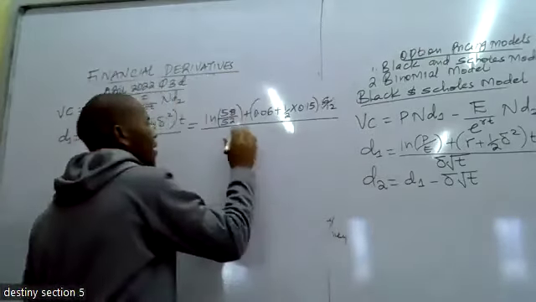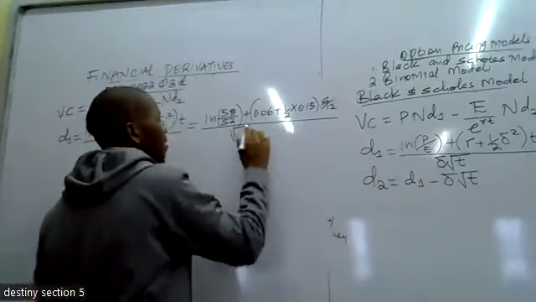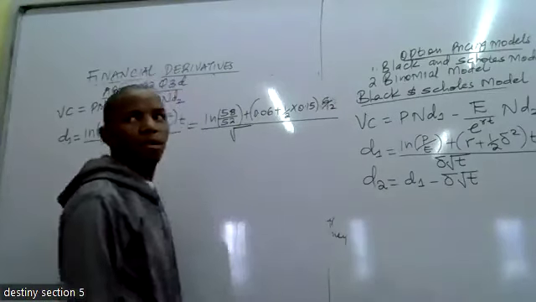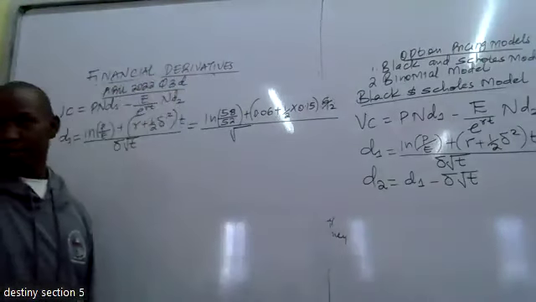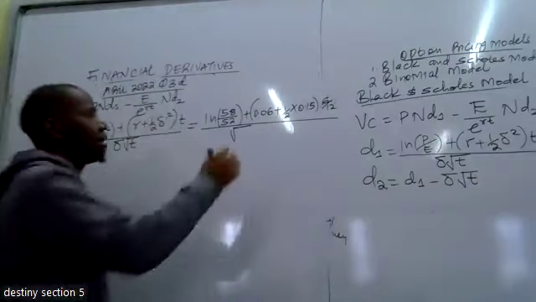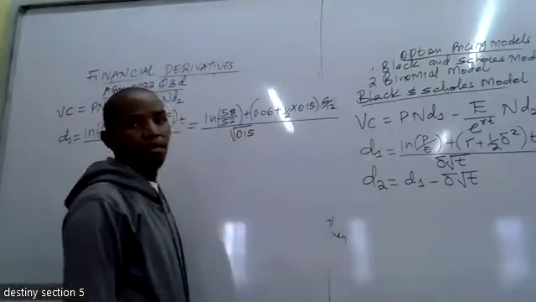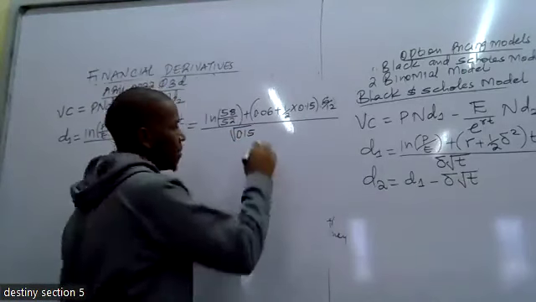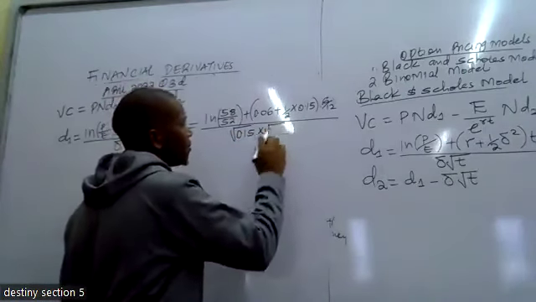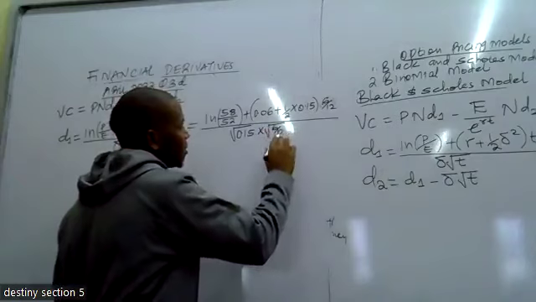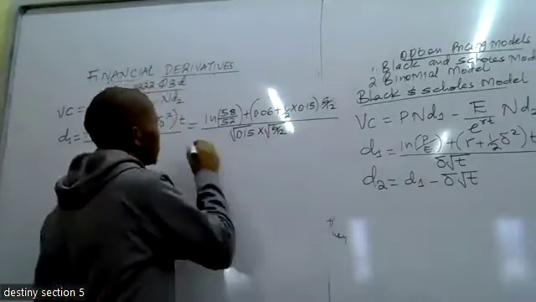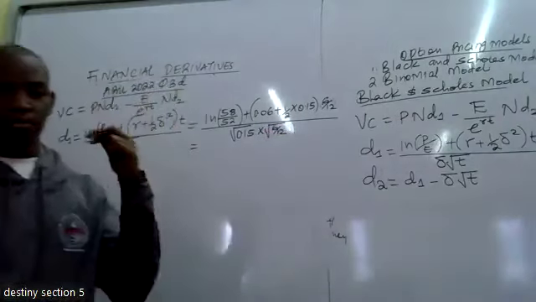Then you divide by, remember, variance is the square of the standard deviation, right? So if I take the square root of 0.15, I will get the standard deviation. Then you multiply by the square root of 6 over 12. So this one you tell me in 2 decimal places.